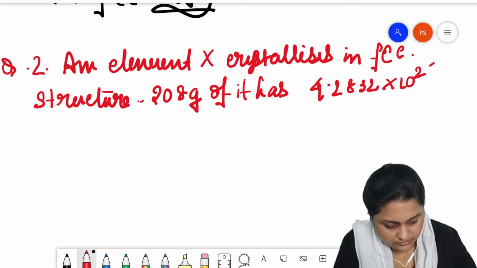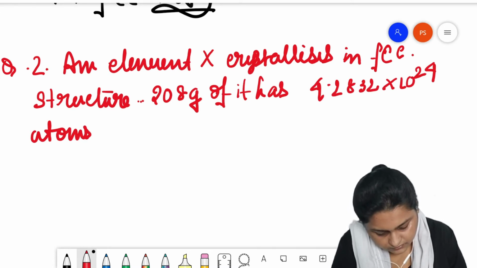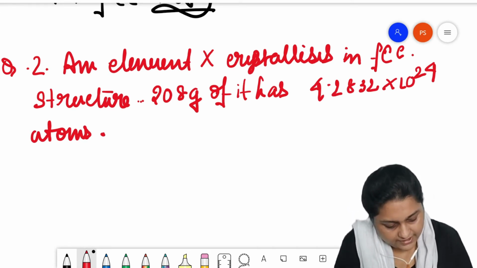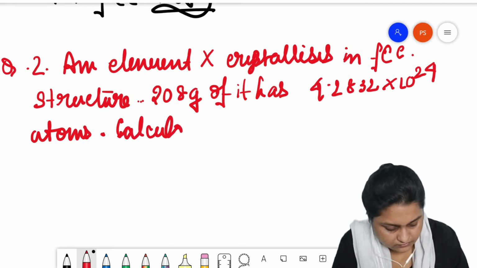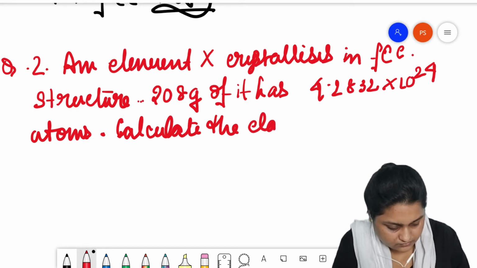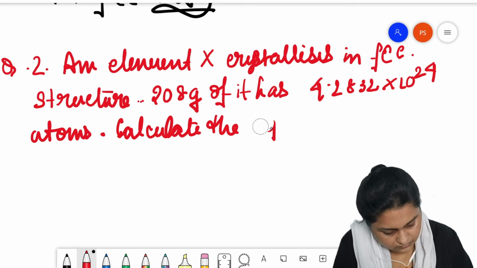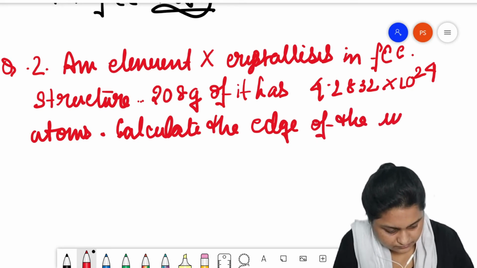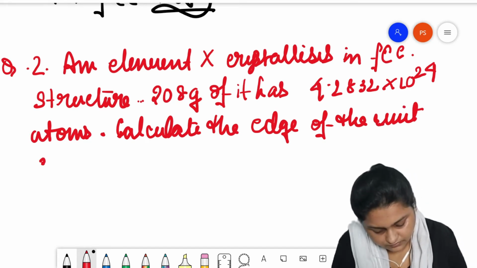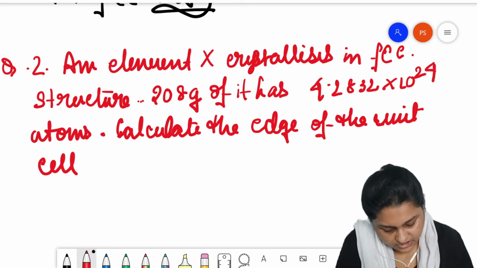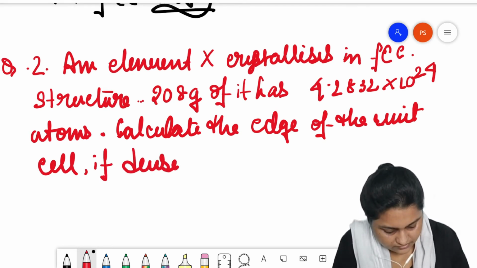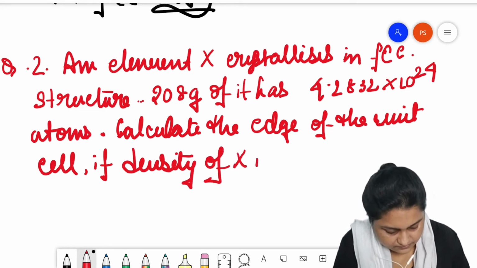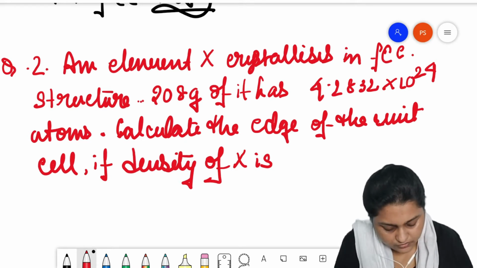Calculate the edge of the unit cell if the density of X is 7.2 gram per centimeter cube.